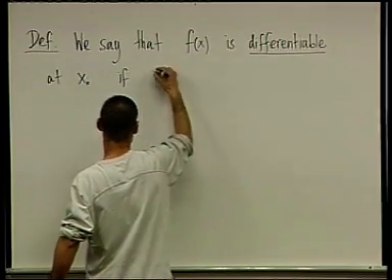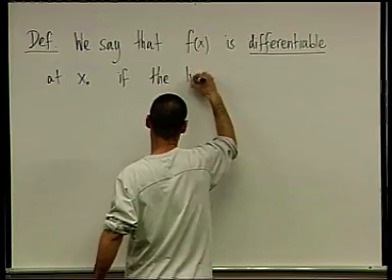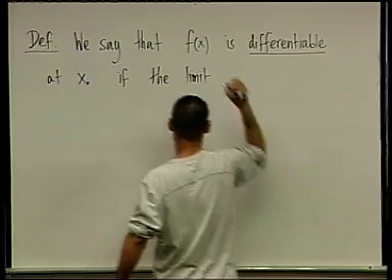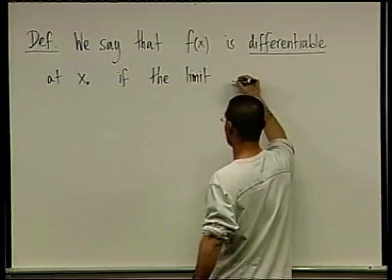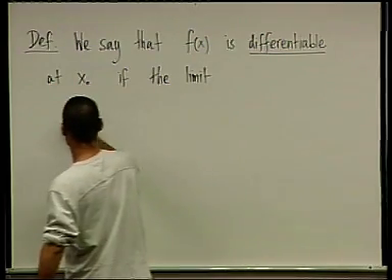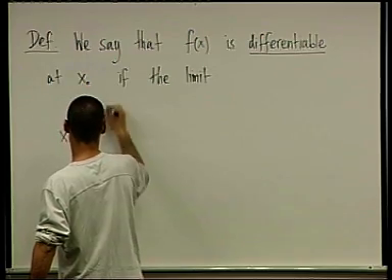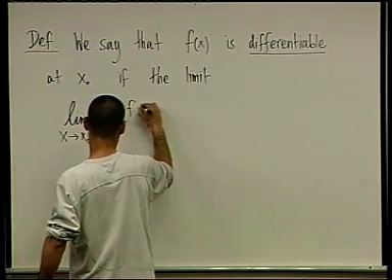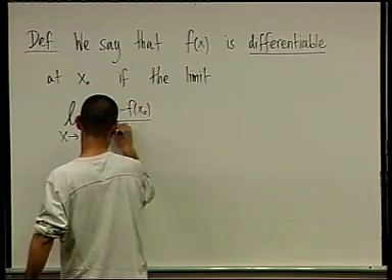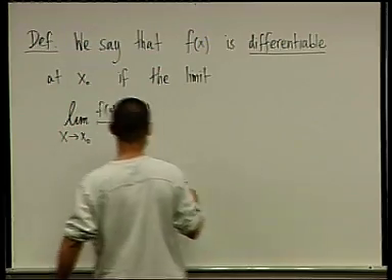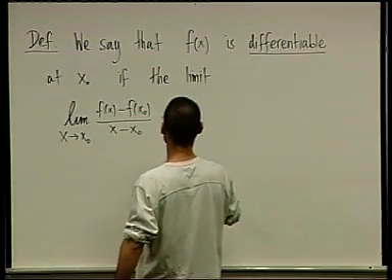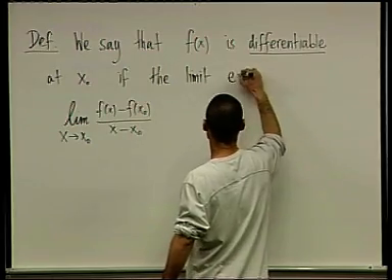If the limit, which we wrote before, limit x goes to x0, f of x minus f of x0 divided by x minus x0, if the limit exists.